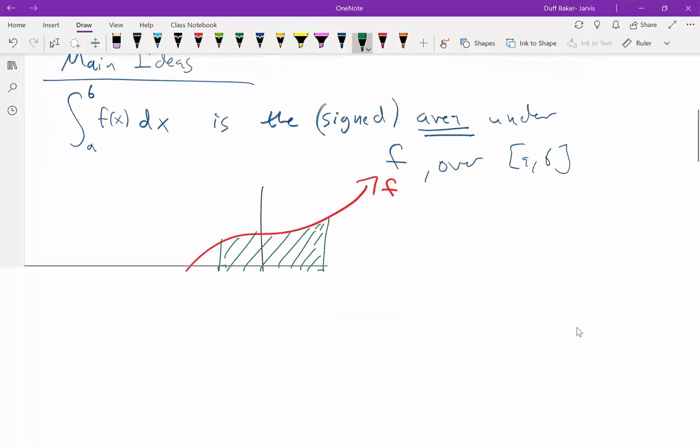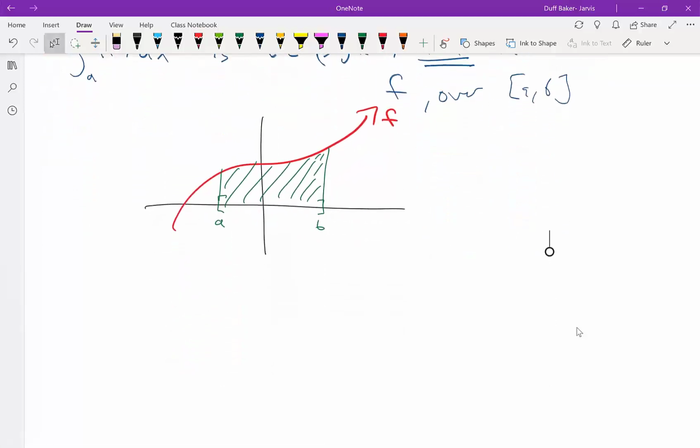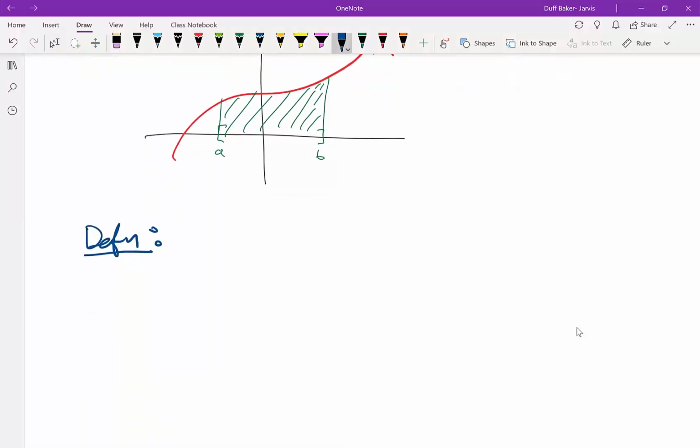Okay, and we learned that the definition is essentially that if you chop your interval into n rectangles, let's just write it the generic way.